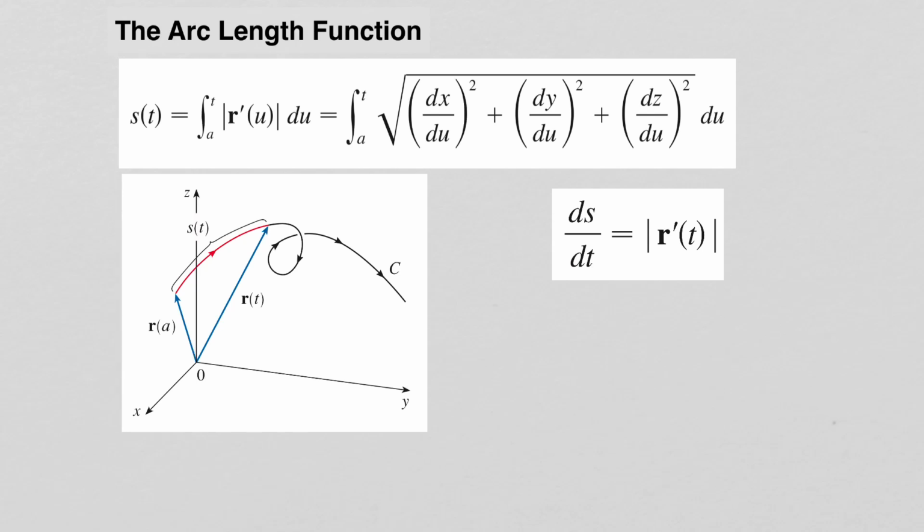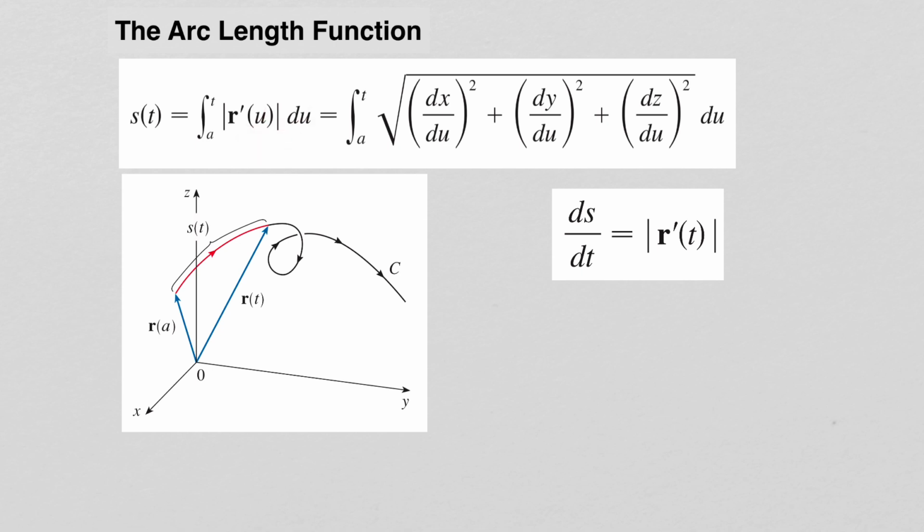Now let's go back to arc length and think about the arc length function. So if I have some space curve and I want to find the length of that curve starting at some number a and then going to some unknown number, let's call it t, the length of that curve is going to be the integral from a to t, and then we have the magnitude of the derivative of the r vector with respect to u.